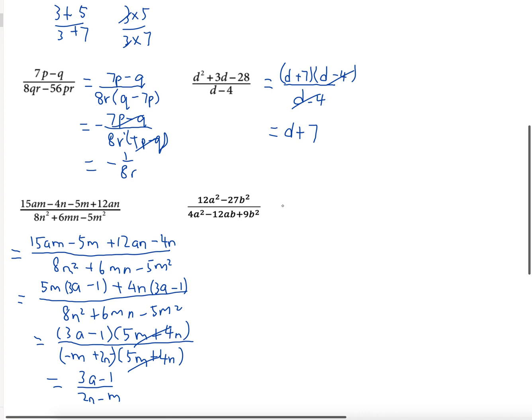In the next example, we should also recognize that there is a difference of two squares, but there is a common factor which we have to bring out first. So the common factor is 3. Once we take out 3, then we can see a difference of two squares.